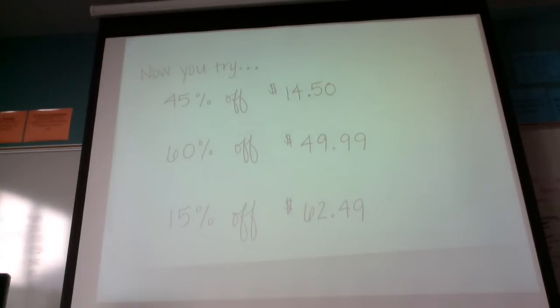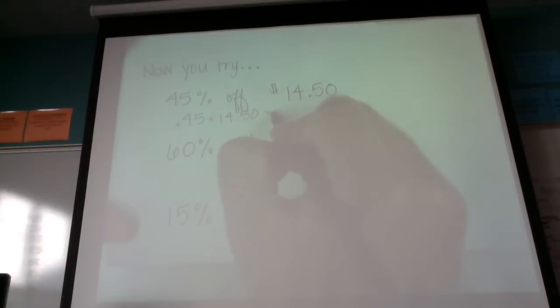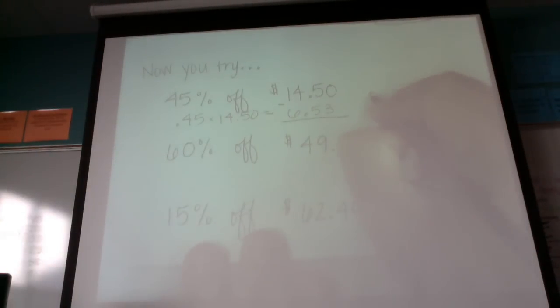All right, let's see how you did. If you change that to a decimal and multiplied it by $14.50, you would get rounded $6.53. Subtract that from your original. You should have got $7.97 for the first one.